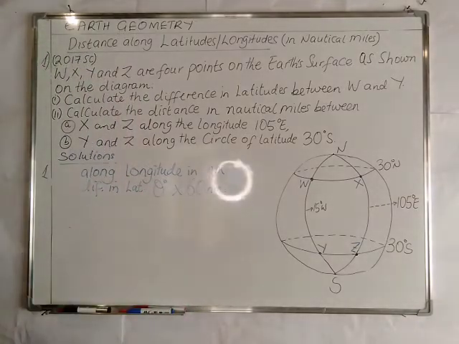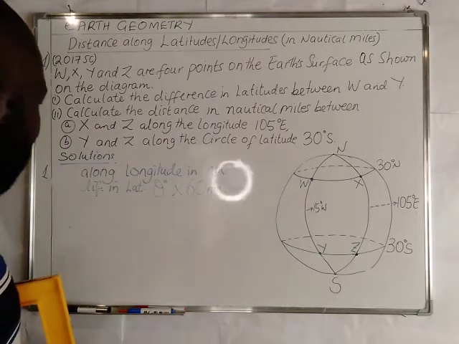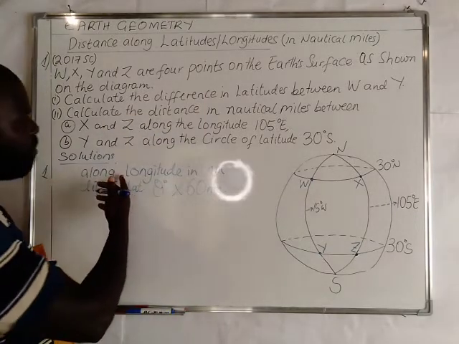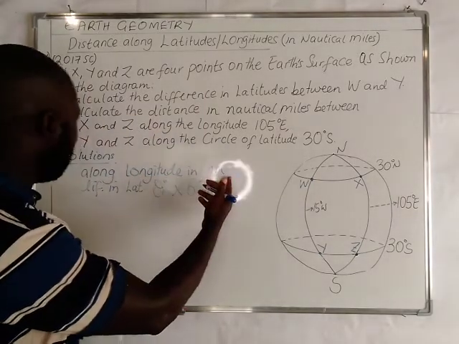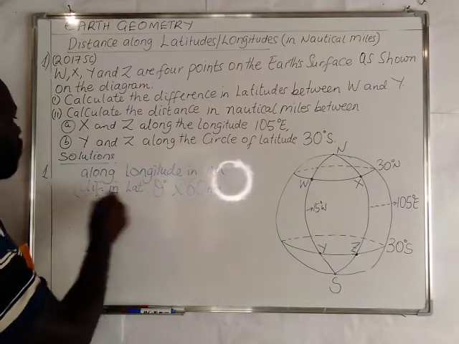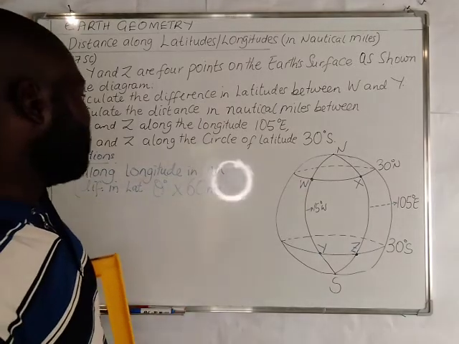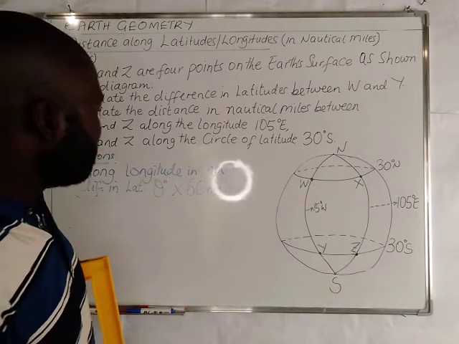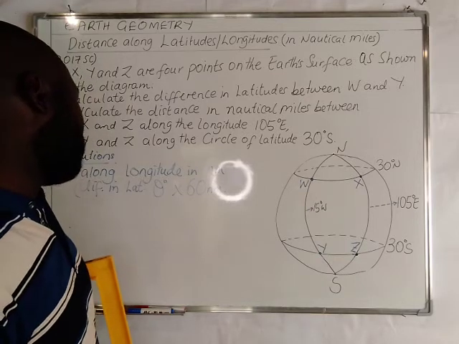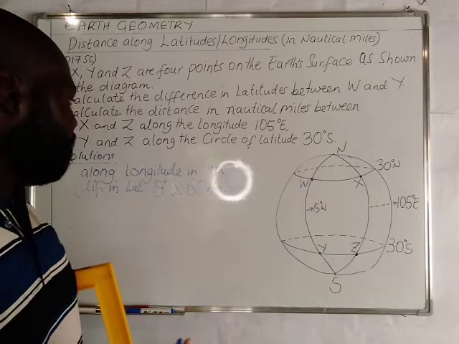Whenever we are getting the distance in nautical miles for two places which are along the same longitude, we get the difference in latitudes, theta, then simply multiply by 60 nautical miles.